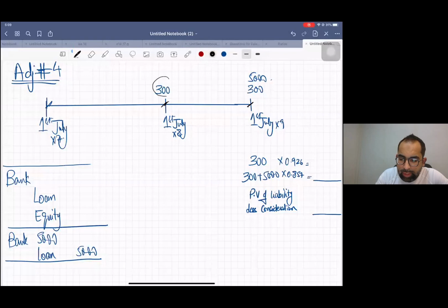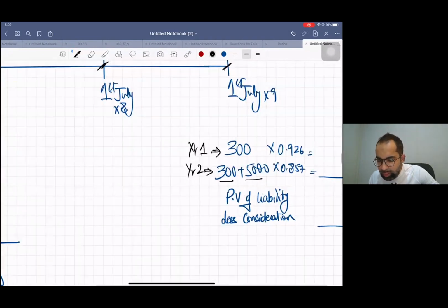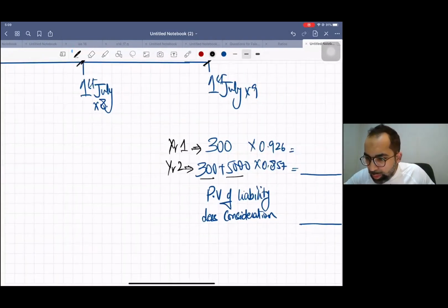So one interest here, and one principal here. Can you see the screen? Now this is year 1 and this is year 2. So at the end of year 1 only 300 cash flow, and at the end of year 2, 300 plus 5,000.